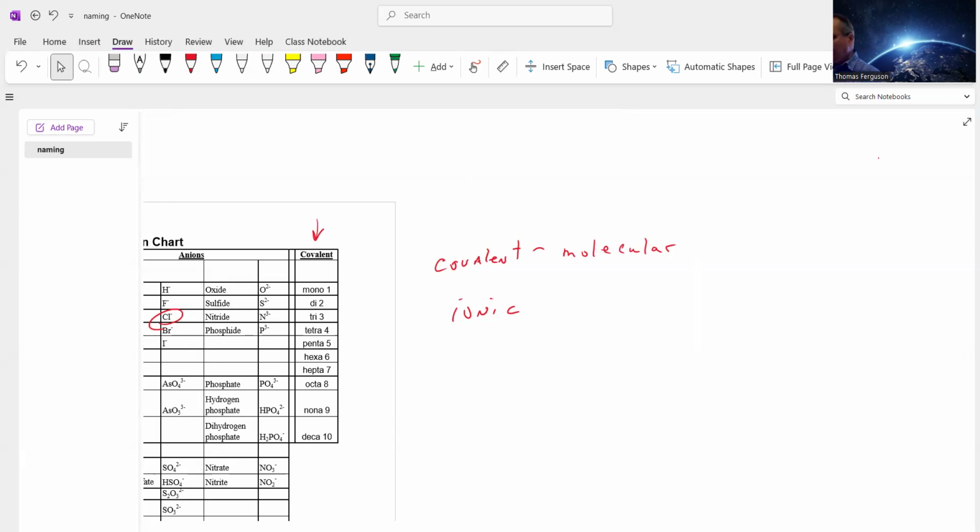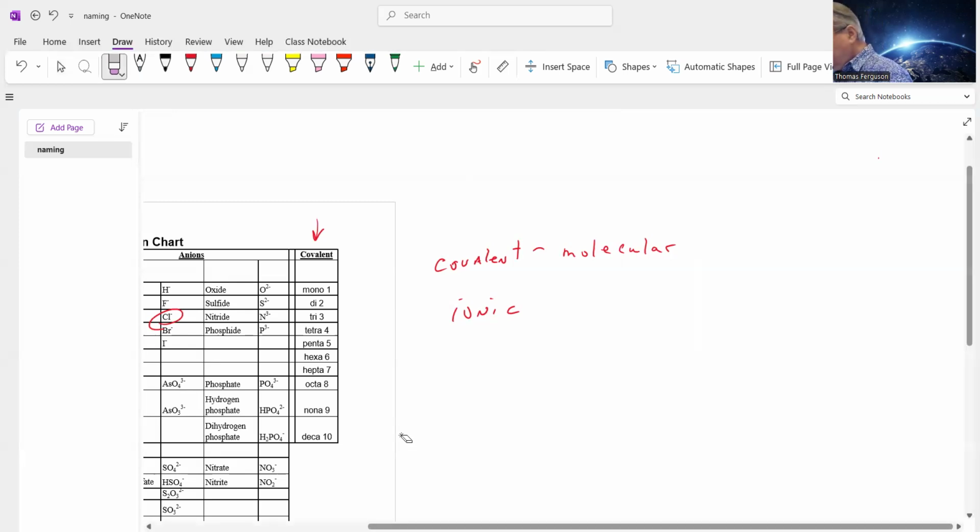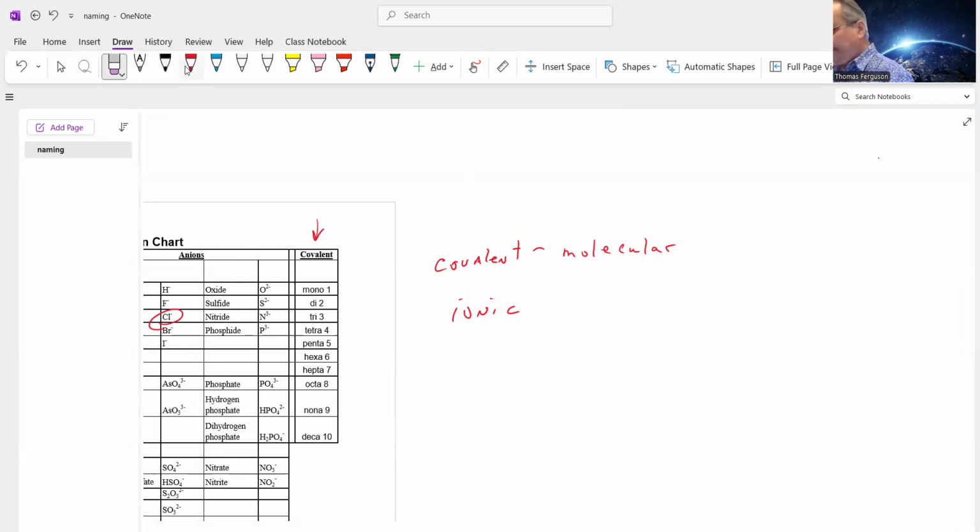Basically, an ionic binary compound is in two parts. Okay, so we have a cation and an anion.